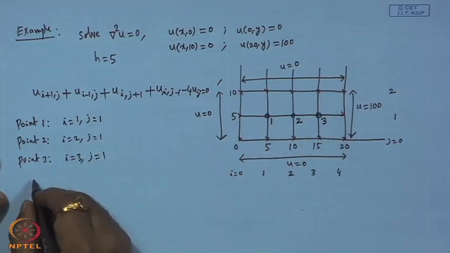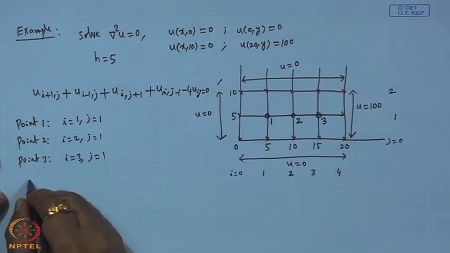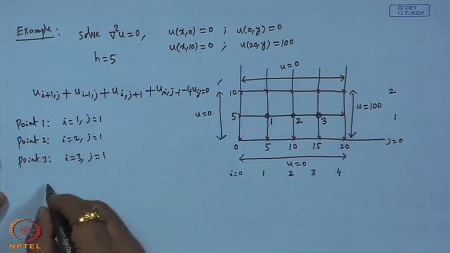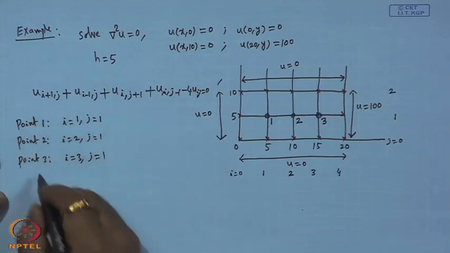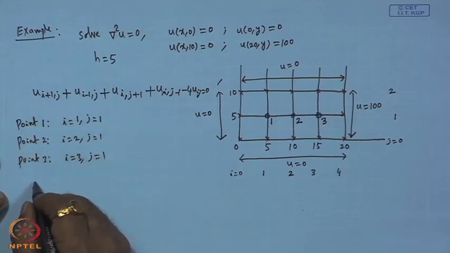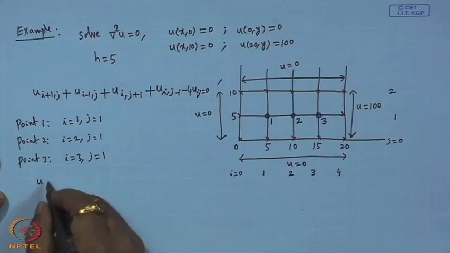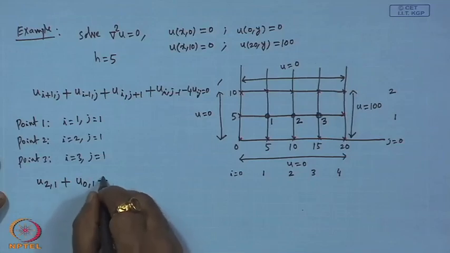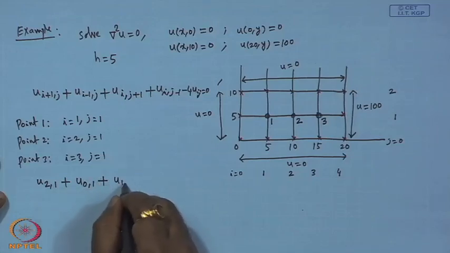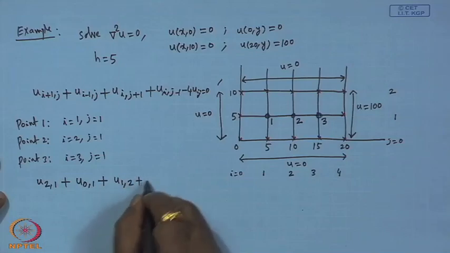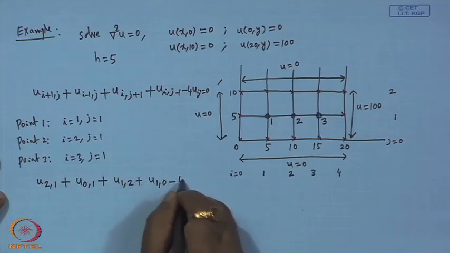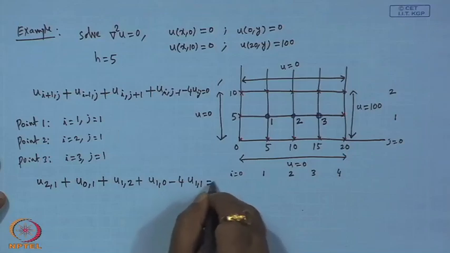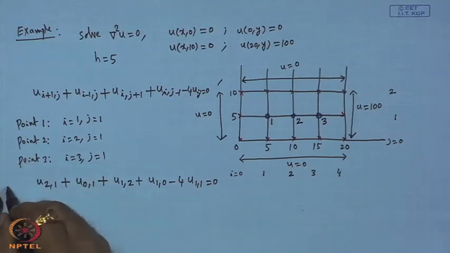So, if we start writing this equation, okay, so this equation u 2 1, u 0 1, u 1 2, u 1 0, minus 4 u 1 1 equal to 0. So, at each of the points, P 1, P 2.